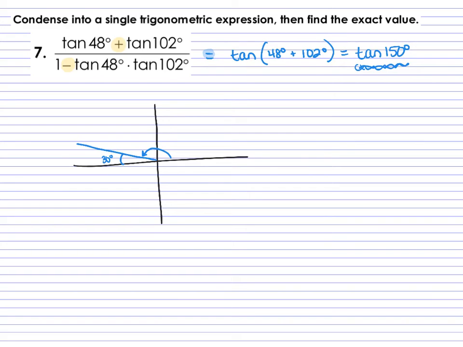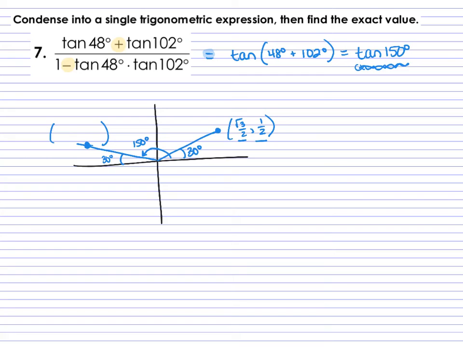Actually, I'm going to move that over here, 150 degrees. To figure out what the ordered pair is over here, I'm going to use that reference angle of 30 degrees in quadrant 1, because that's the one I'm expected to know anyway. So 30 degrees has the points of the square root of 3 over 2, comma, 1/2. That's my cosine and my sine.